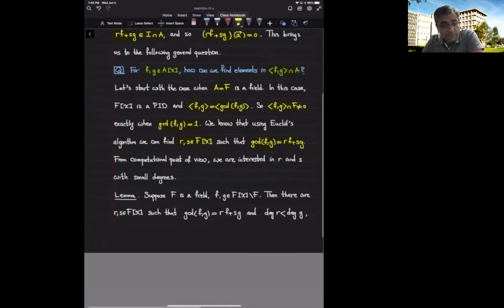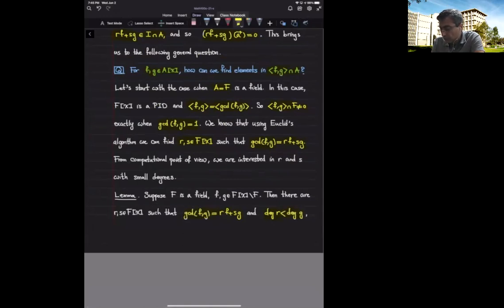We will show that, in fact, we can find polynomials r and s so that degree of r is strictly less than degree of g, and degree of s is strictly less than degree of f, so that their sum is the GCD of f and g.